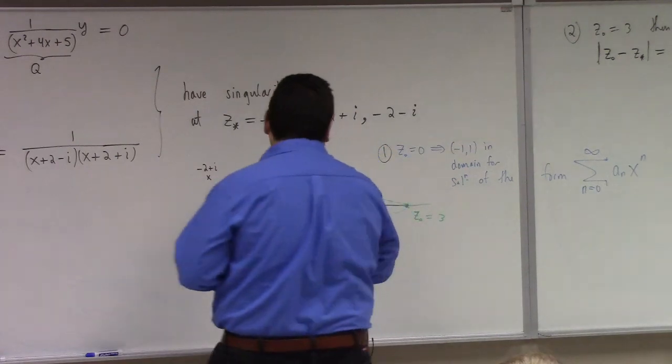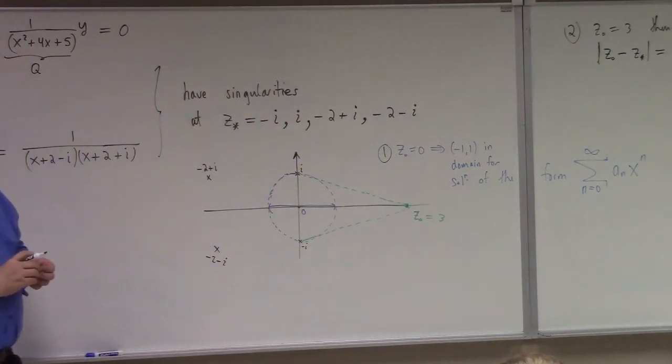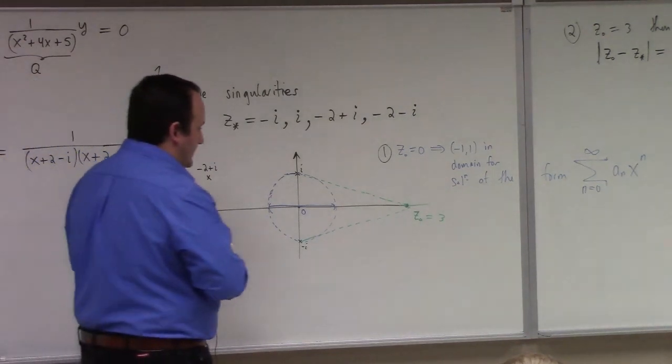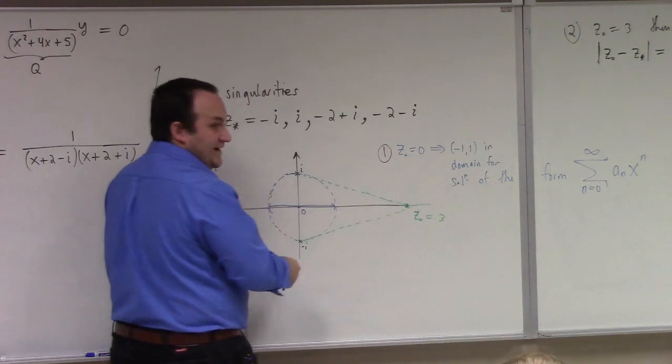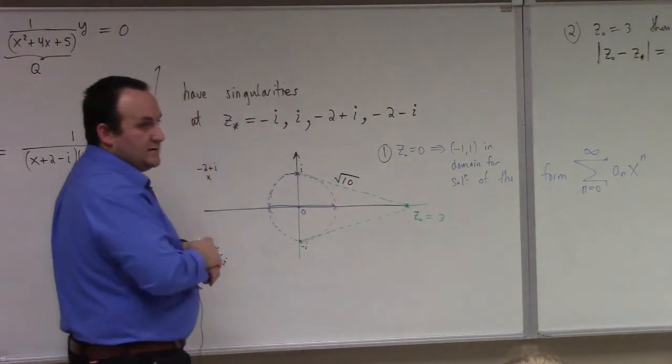It would not be 3. The reason it was 1 here is because i and minus i are 1 unit away from 0. But 3 is not 3 units away from plus or minus i. In fact, it's the square root of 10. That's the distance it is.